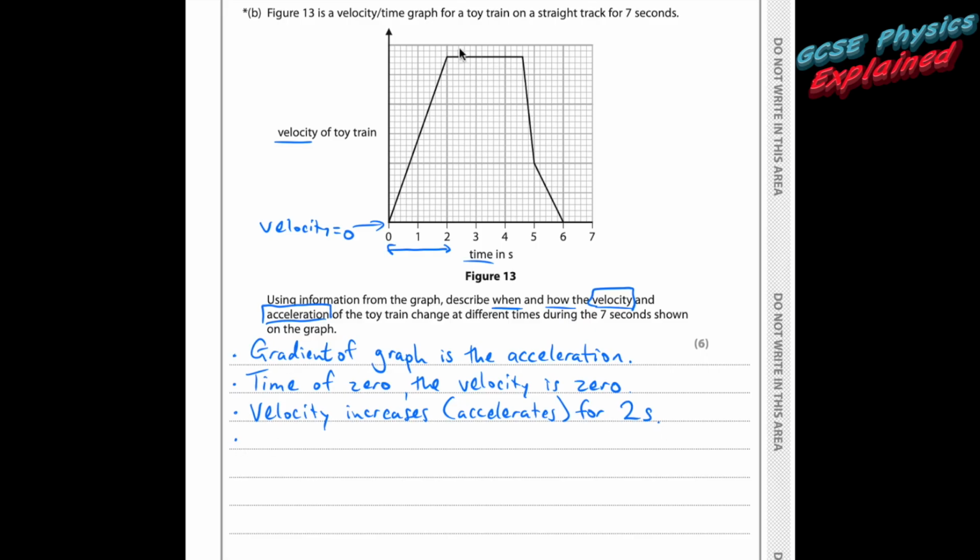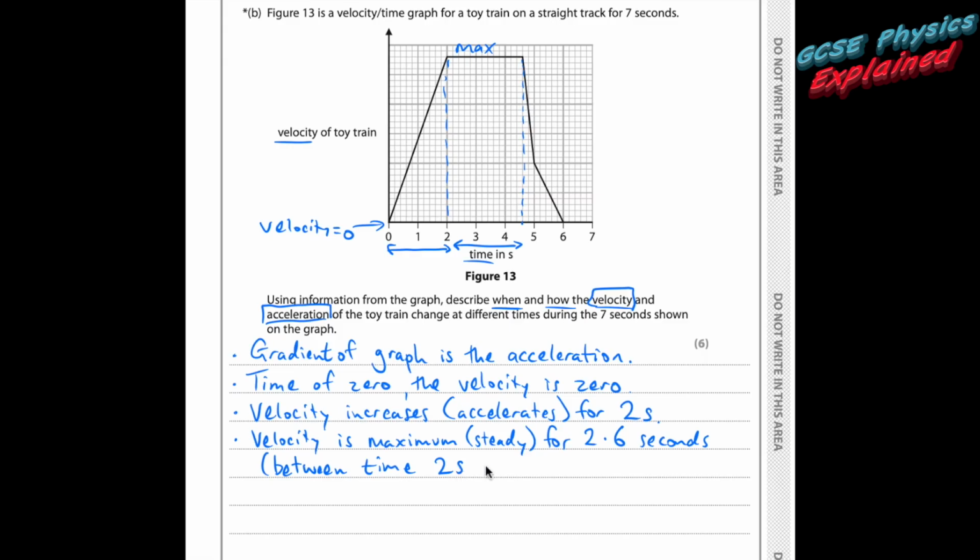Then the velocity reaches its maximum between 2 seconds and 4.6 seconds. And it is a steady velocity. So that is between the time of 2 seconds to 4.6 seconds.